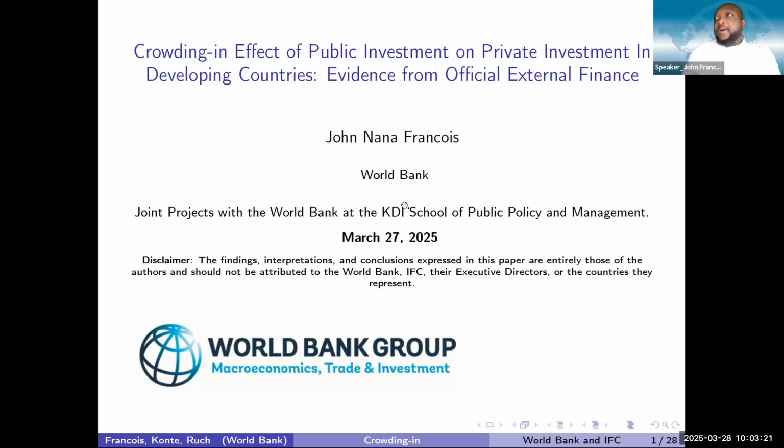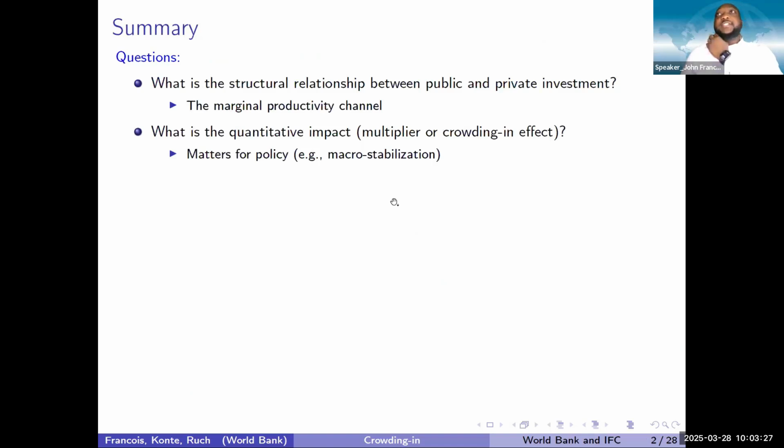Before I start, I'll give a very quick summary of the work, which is the primary reason why we are trying to investigate these questions to start off with. We answer two related questions. The first tries to uncover the structural relationship between public and private investment in developing countries.